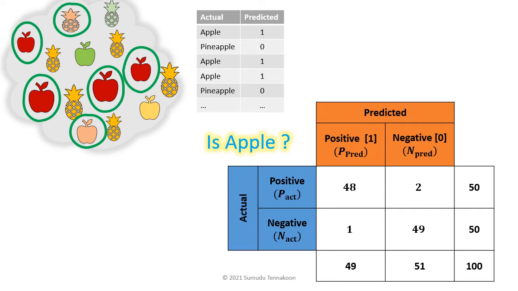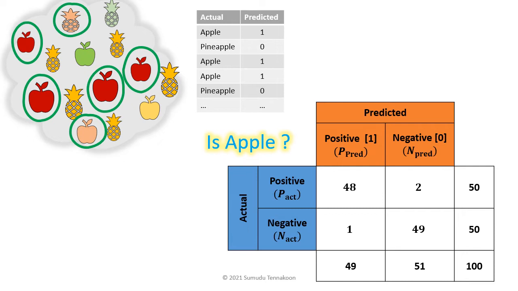The columns indicate the predicted values, what our model tells you. Positive means our classifier is saying this is an apple. Sometimes it is an apple, but the model may tell you it's not an apple. The positive is the model telling you it's an apple, and the negative says it's not an apple, right?